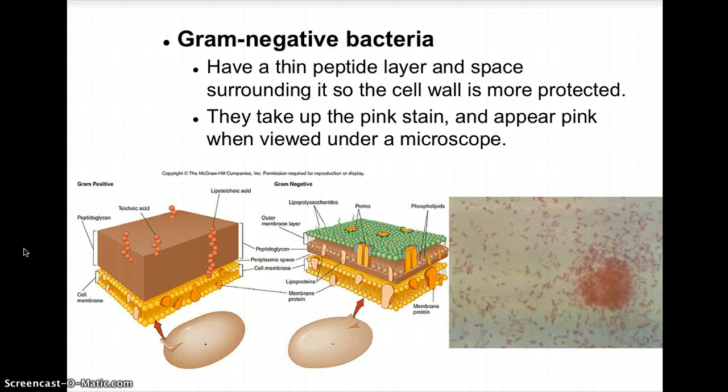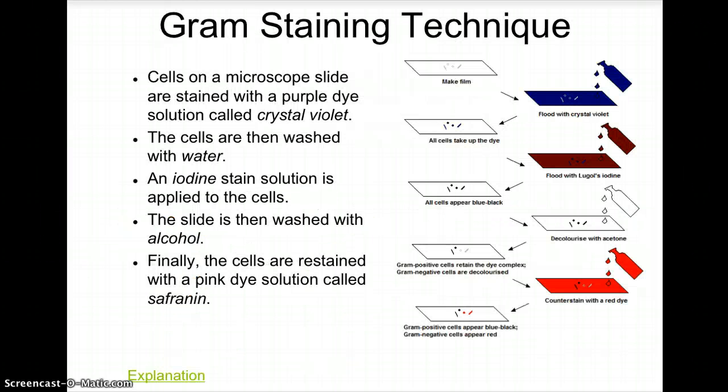Then we have gram-negative bacteria, which have a thin peptide layer and a space surrounding it, so the cell wall is actually more protected. So it's maybe the opposite of what you would think. They take up the pink stain, and it will appear pink when viewed under a microscope. So here's some pink gram-negative bacteria.